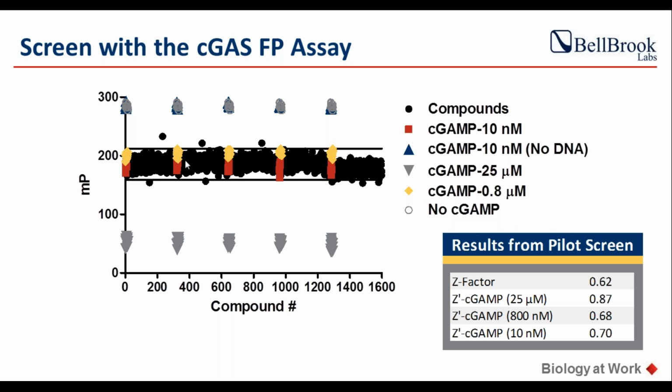Here is cGAMP at 0.8 micromolar, where we would expect our compounds to be, and here is cGAMP at 10 nanomolar. These are the controls with no DNA, and we did identify a couple of hits in this pilot screen. In the table below, the Z factor is about 0.62, and the Z prime, depending on the concentration of cGAMP, looks pretty good.